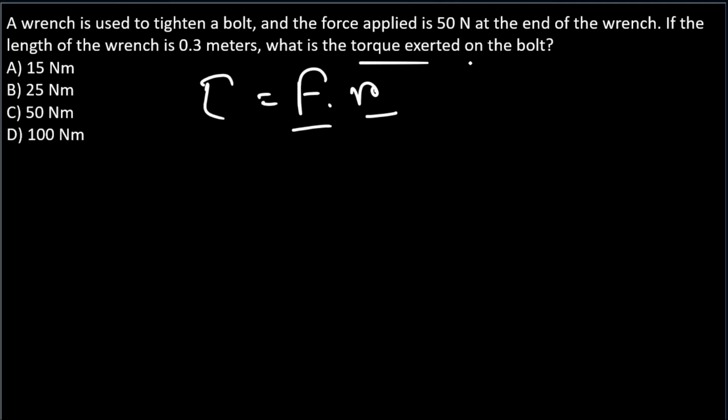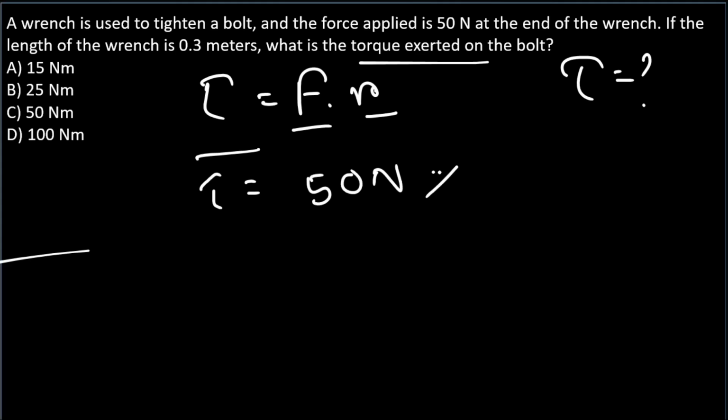So to find the torque, tau, we need to multiply 50 Newton times 0.3 meter.